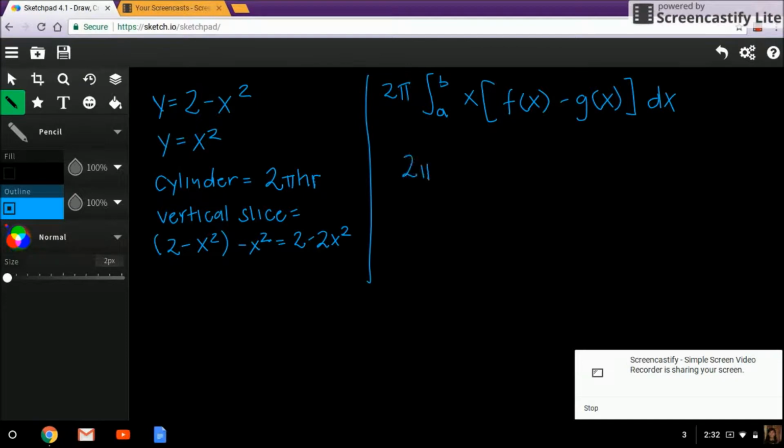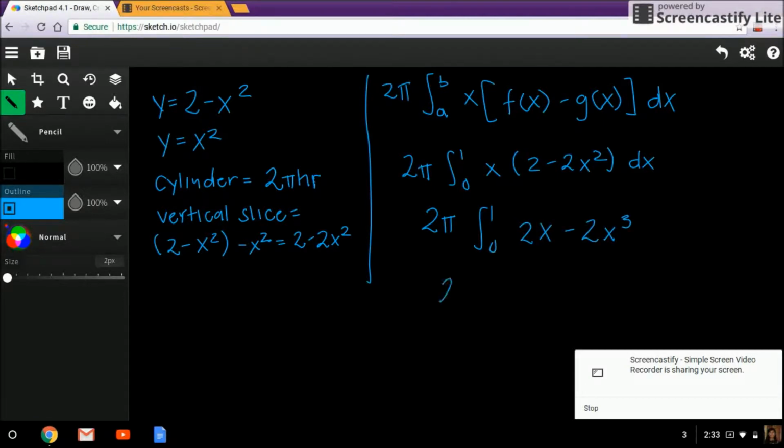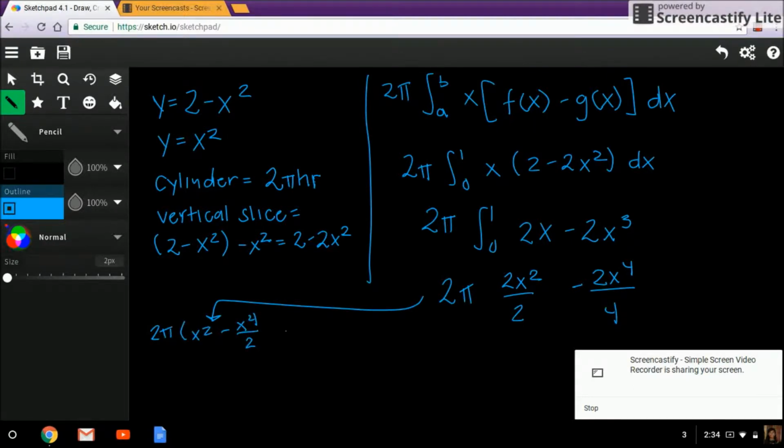We set up our integral based on what we know, and we distribute the x, and we integrate, and we plug in 0 and 1 into our integrated form, and get pi.